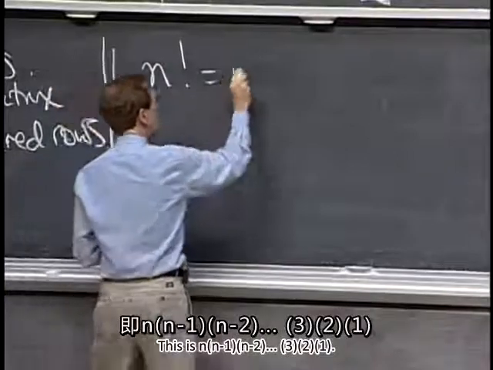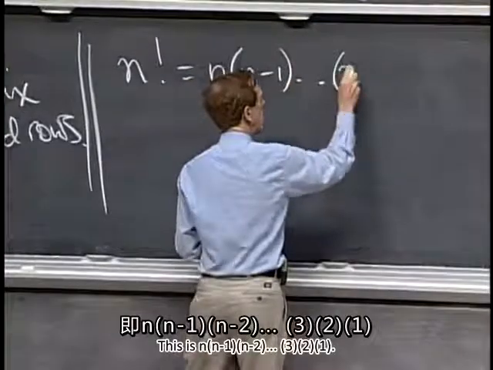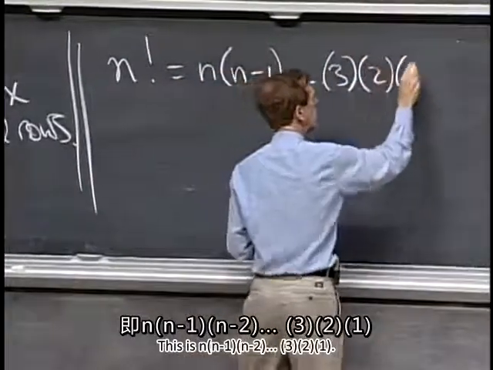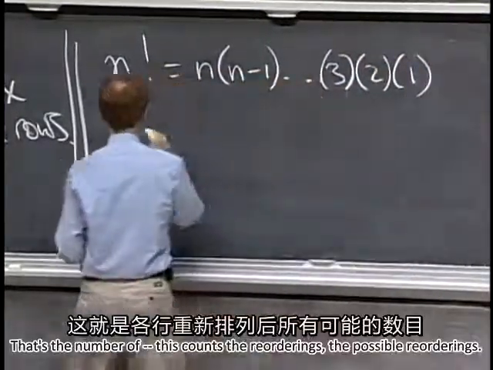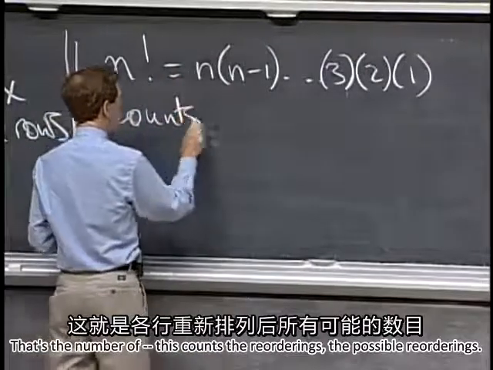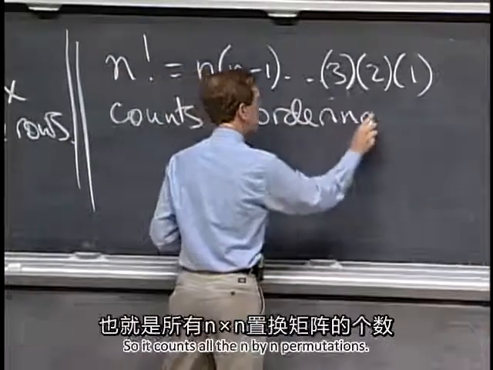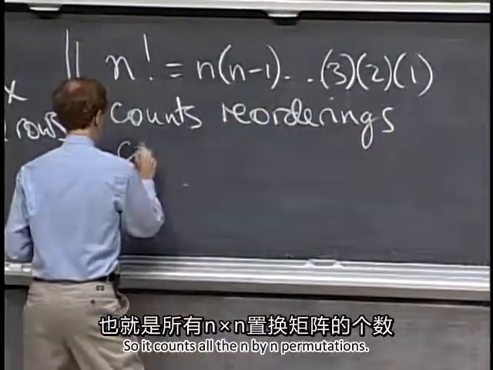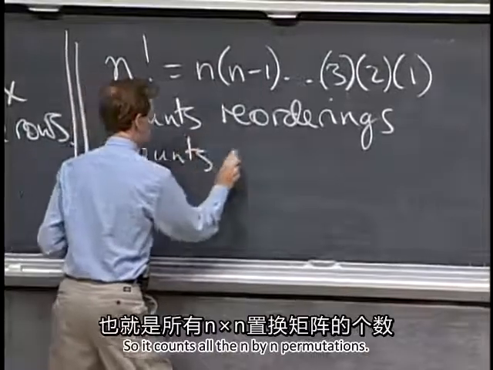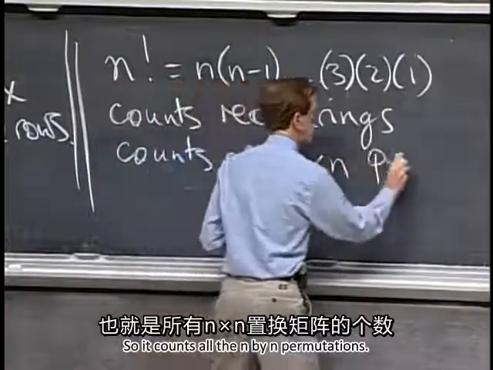This is n times n minus 1 times n minus 2 times 3 times 2 times 1. That's the number of possible reorderings. So it counts all the n by n permutations.